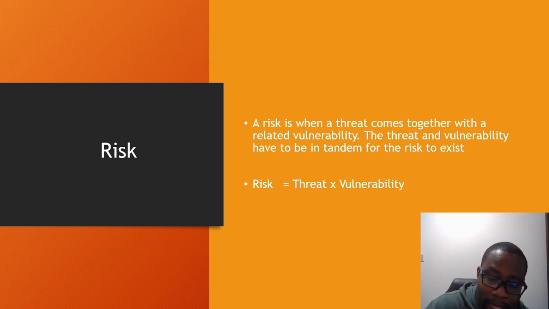A threat would be, say, dropping it 3 feet in the air. Because if I drop it and that crack is already in it, it's more likely to break. So that is a risk. The threat is it falling out of my hands. The vulnerability is a crack that could be on it, and the risk is greater of it breaking if I drop it. So that's pretty much what a risk is.